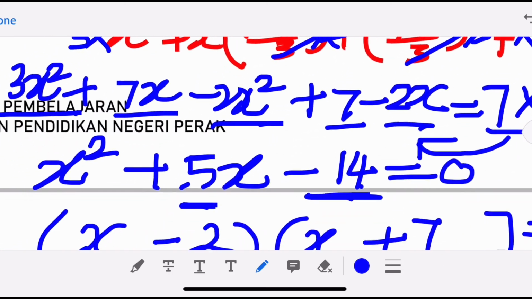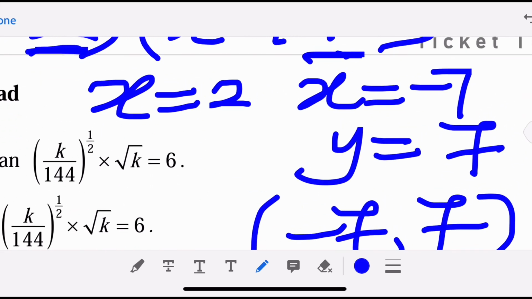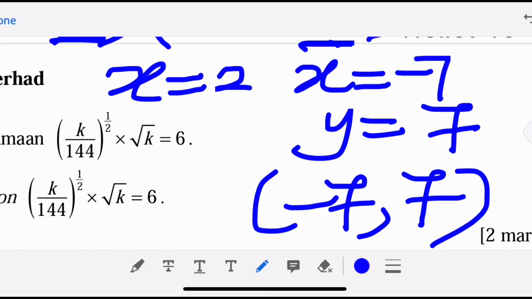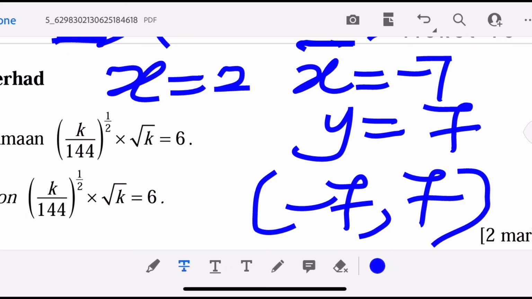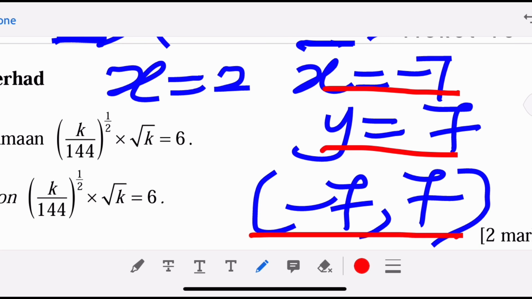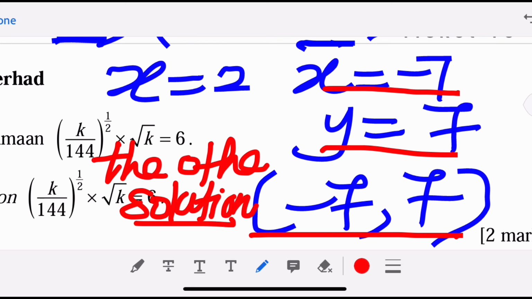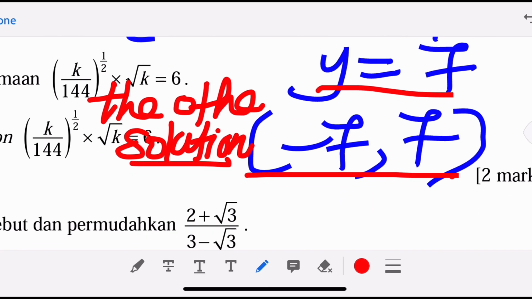After that, you find the solution that was not given and solve for x and y. So your answer is -7 and 7 is the other solution. We have two solutions, right? One is the one given, and this is the one that is not given. So this is the other solution.